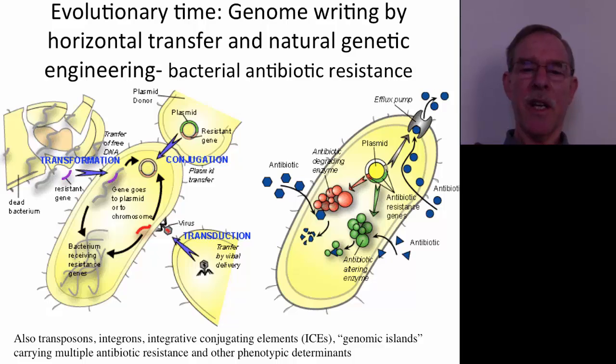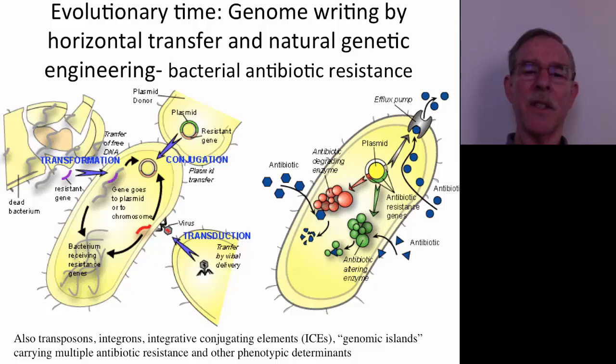What's illustrated here on the left are the 3 mechanisms that we know about for DNA transfer between cells. Cells can take up naked DNA from the environment by a process called transformation. Cells can transfer DNA from one cell to the other by a process called conjugation.